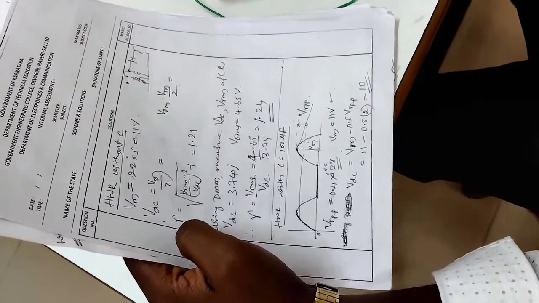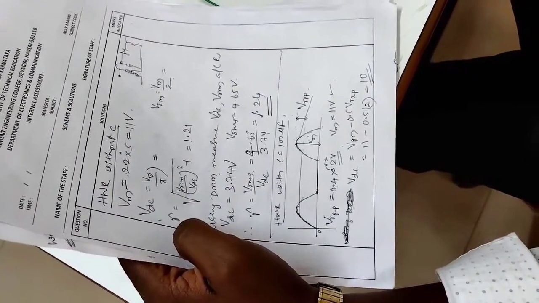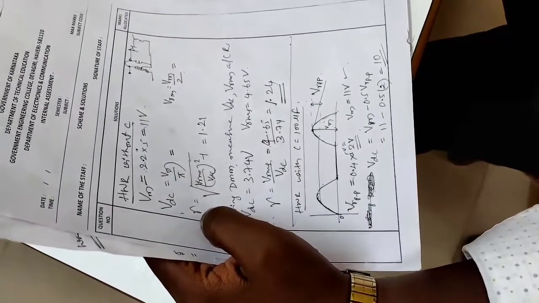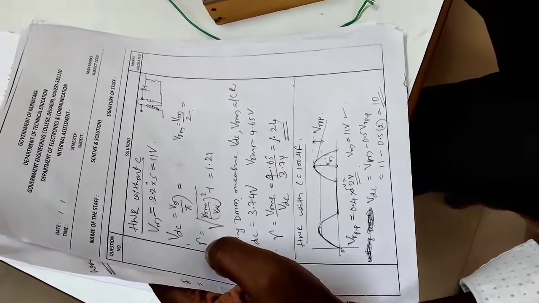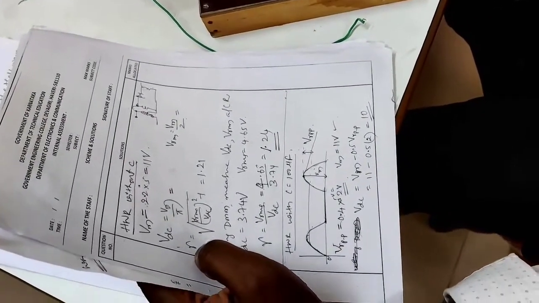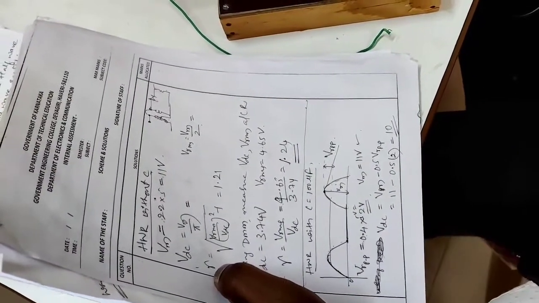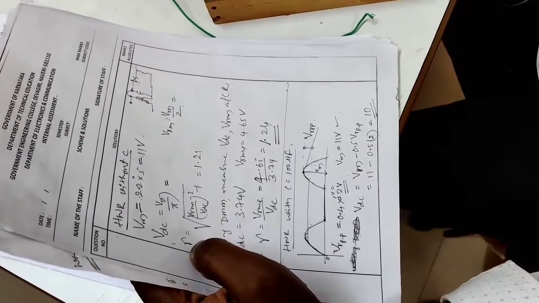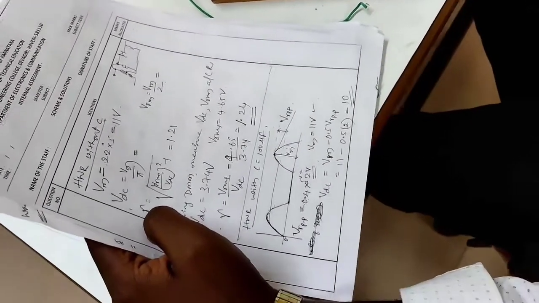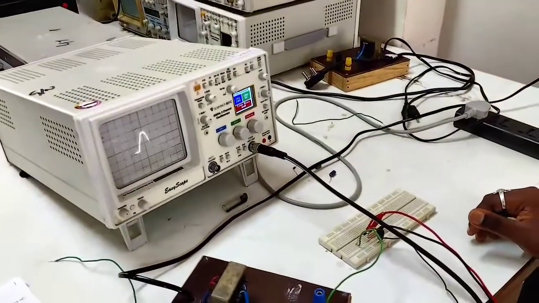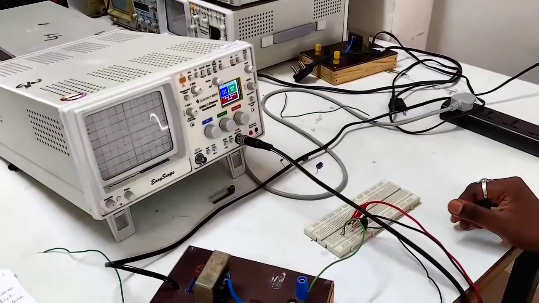So now for this VDC and VRMS you have to calculate the ripple factor using the formula square root of (VRMS by VDC) whole square minus 1. You will get 1.21 as the ripple factor of the half wave rectifier without filter. So now you have to do the practical measurement using a digital voltmeter.